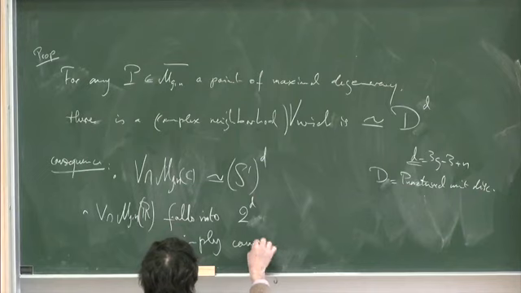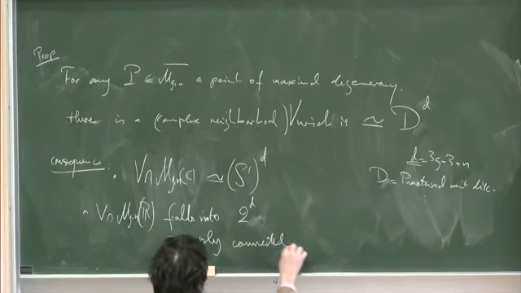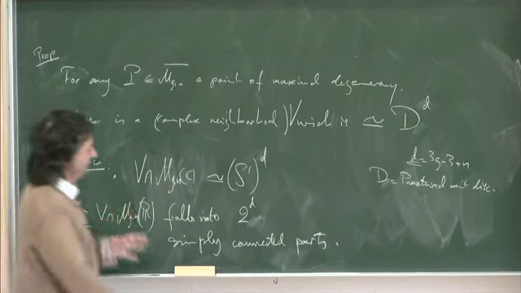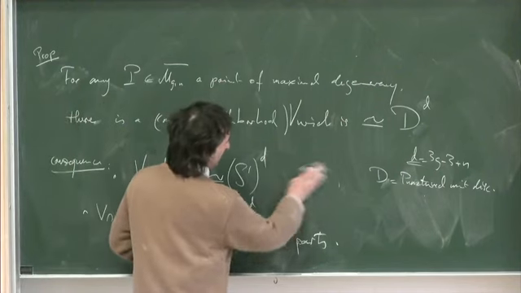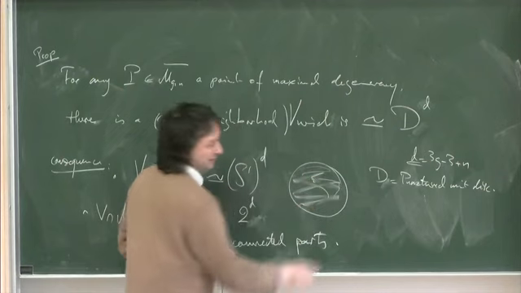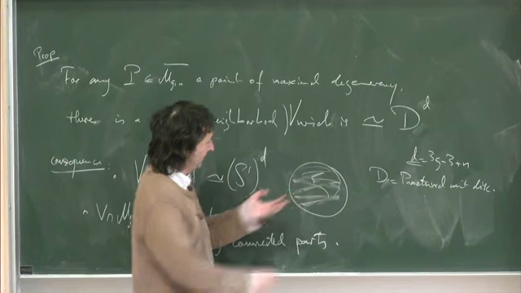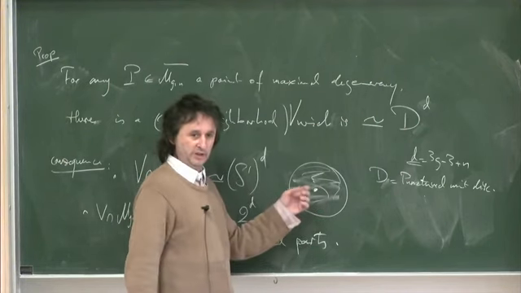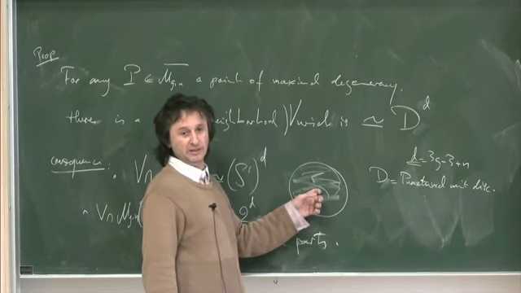So it's not connected. I'm saying a very simple thing. I'm simply saying that you have this disk. It's a product. Here you have the point which is on the boundary.